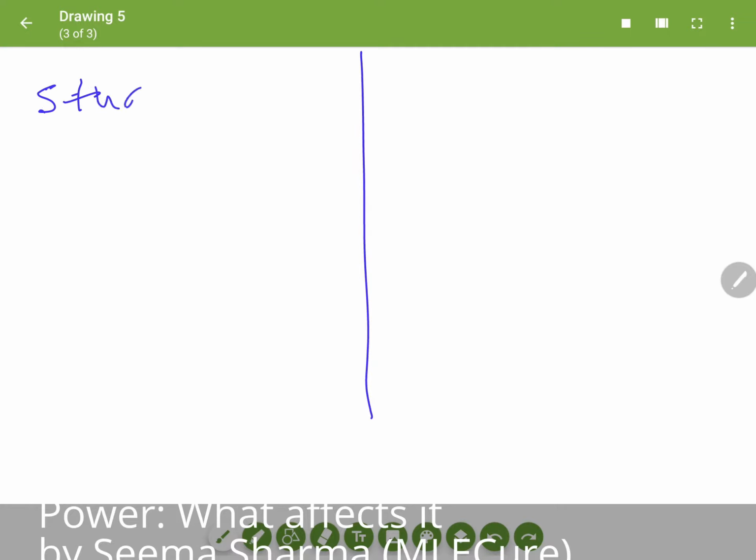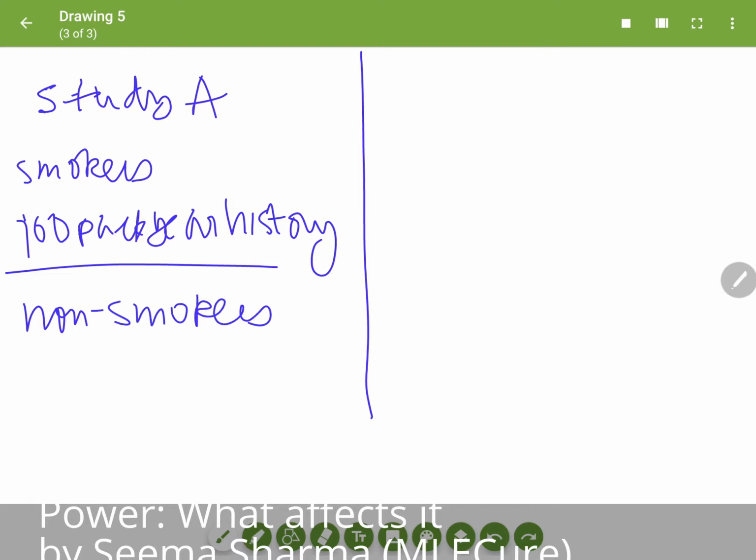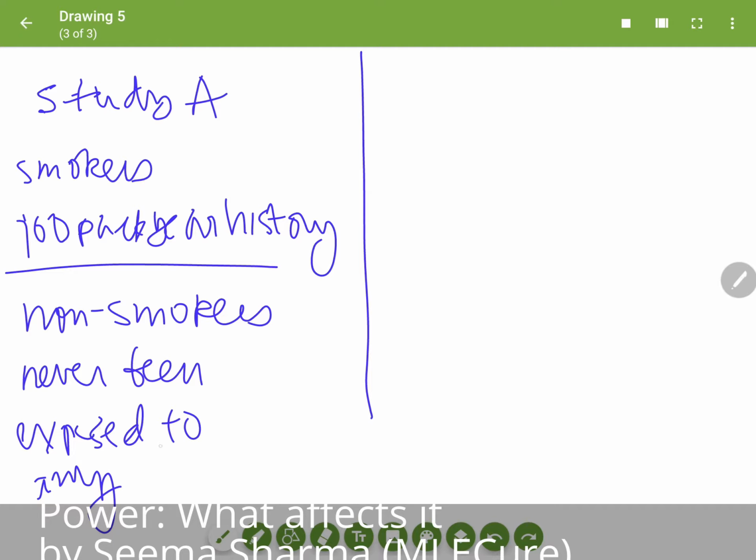One study is study A, and in this study our two groups are smokers with a 100-pack year history, and another group is non-smokers who have never been exposed to any second or third-hand smoke.